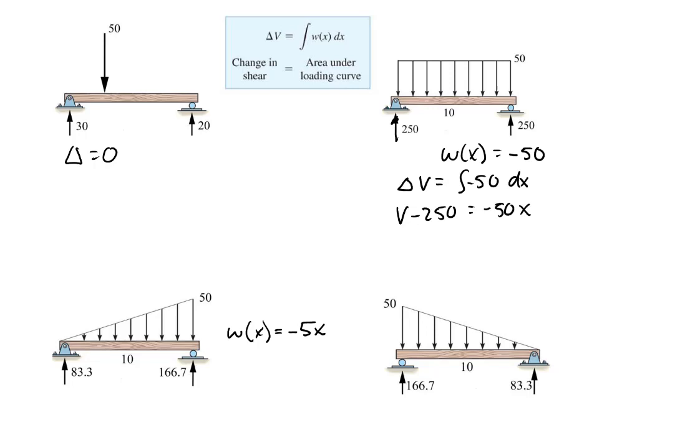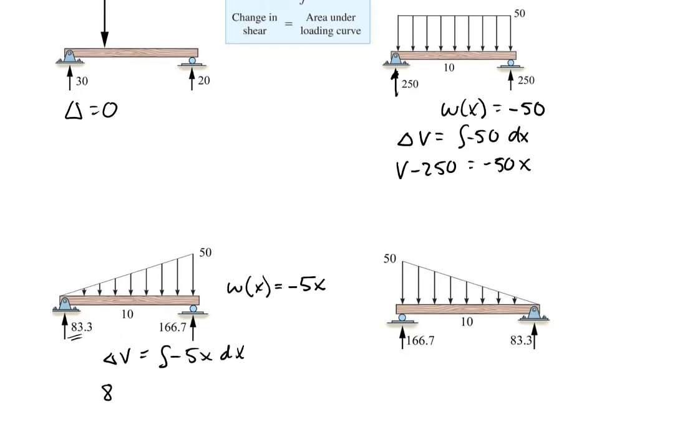Okay, so then I have my integral here. Change in shear is equal to the integral of minus 5x dx. So that's going to be, in this case, because it started with 83.3, shear minus 83.3 is equal to minus 5x squared over 2.